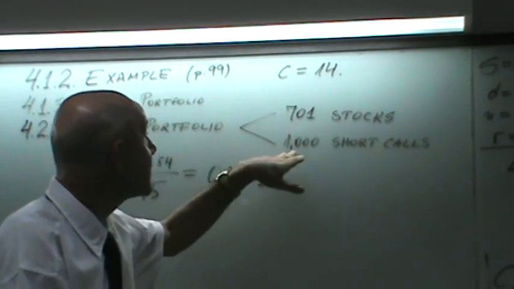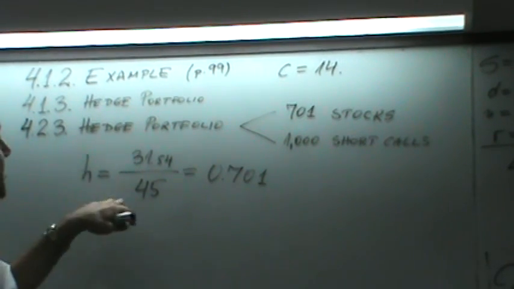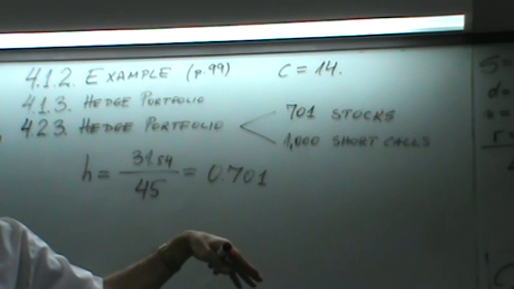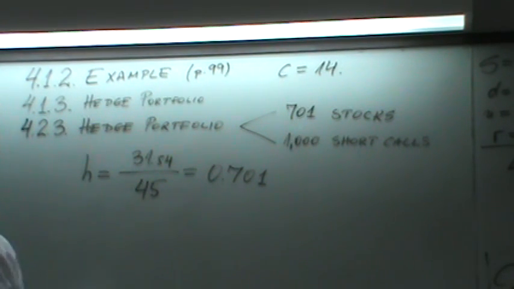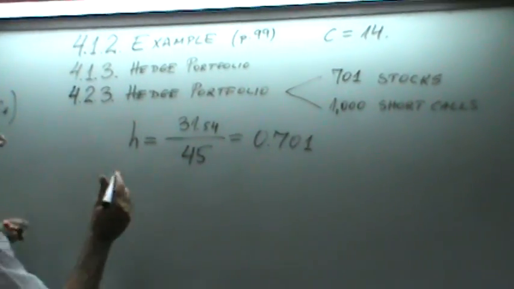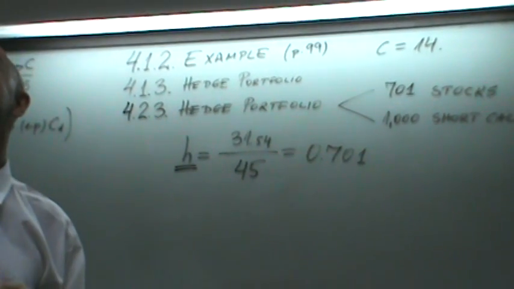Okay? So, that's your portfolio. And they give you this, what happens when you go up and when you go down. Okay? And now here's the trick. This is H. But there's a little trick.